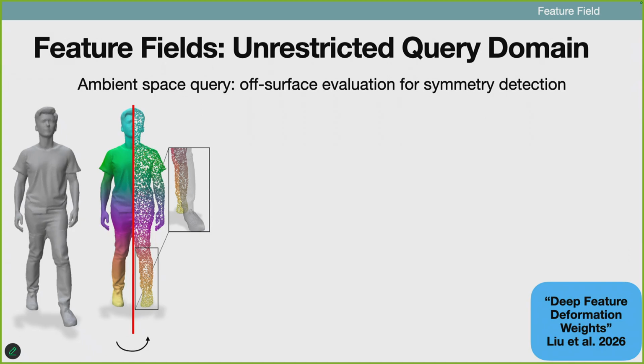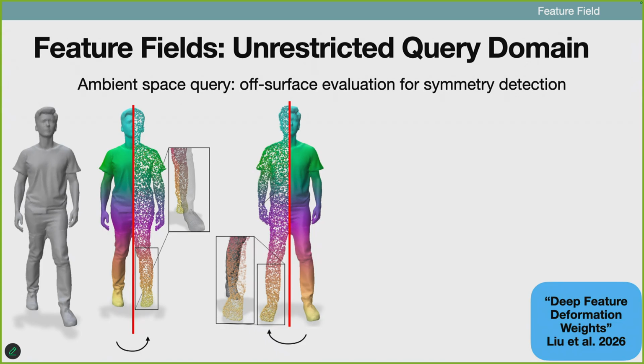So how do we capture that symmetry? We do something very, very simple, which is for a given candidate symmetry plane, you can take either side of the shape and reflect them across that plane, and then query the feature field at exactly those coordinates, because again, we have a feature field that gives reasonable features even when you're querying off the surface, because it's defined over ambient space.